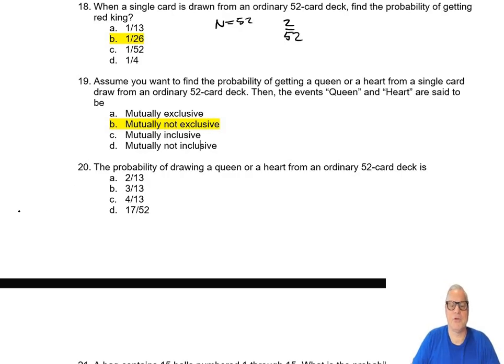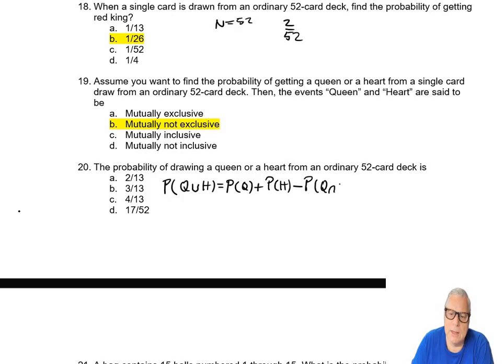The probability of a queen or a heart, because the events are not mutually exclusive, is the addition rule: the probability of a queen plus the probability of a heart minus the probability of queen and heart.